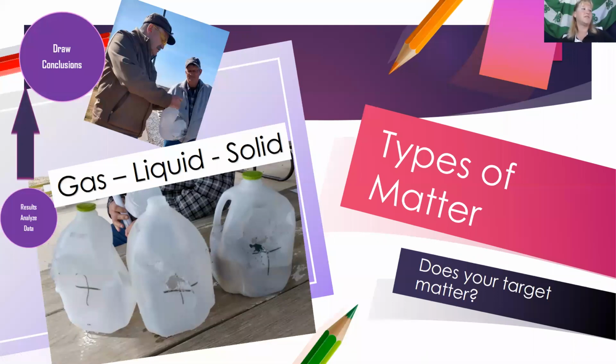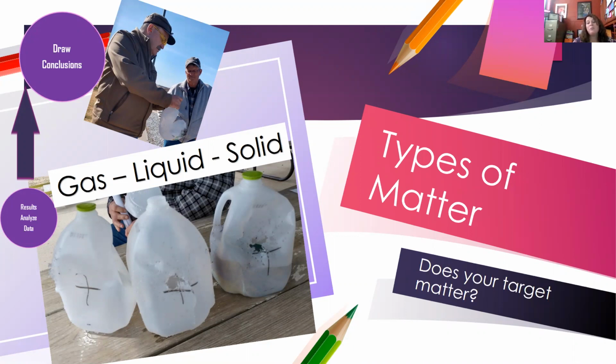Based off of your observations, now that you have these results and you're analyzing them, what conclusions would you draw on, does your target matter? If it is a solid, a liquid, or a gas? Well, I would say that it does matter, because the gas, it exploded a lot.